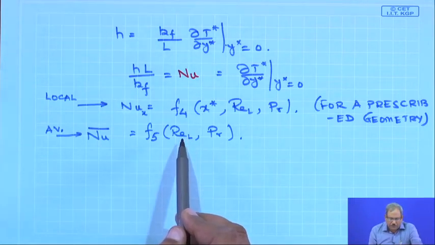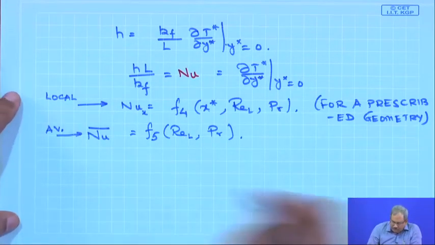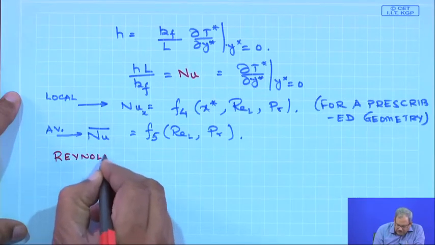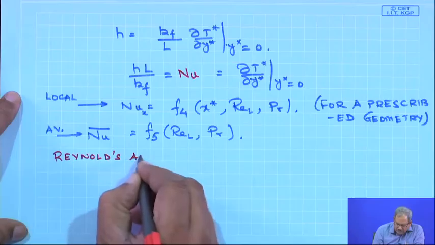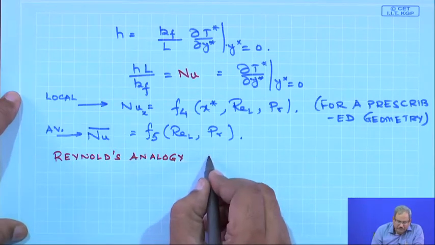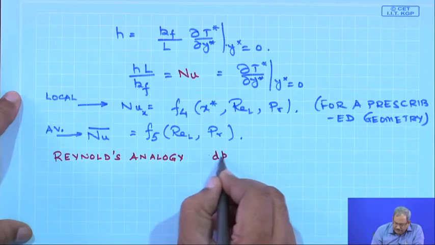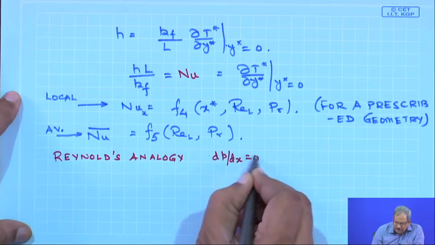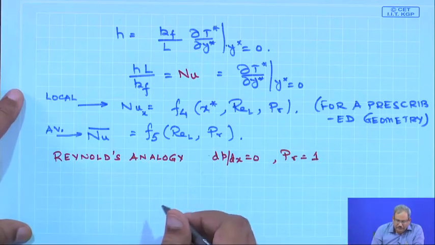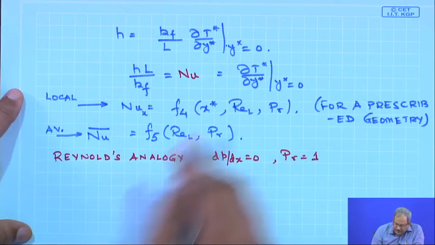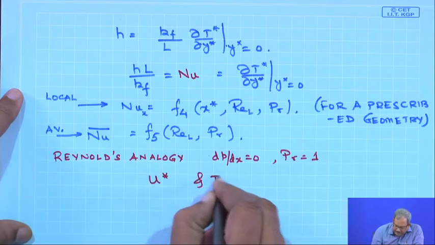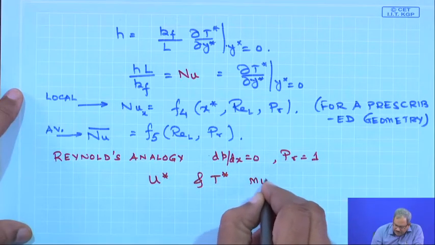Now, when we use the Reynolds analogy, what I see is that dp dx is 0 and Prandtl number is equal to 1, and if that is the case, then the expressions of u star and T star must be identical.